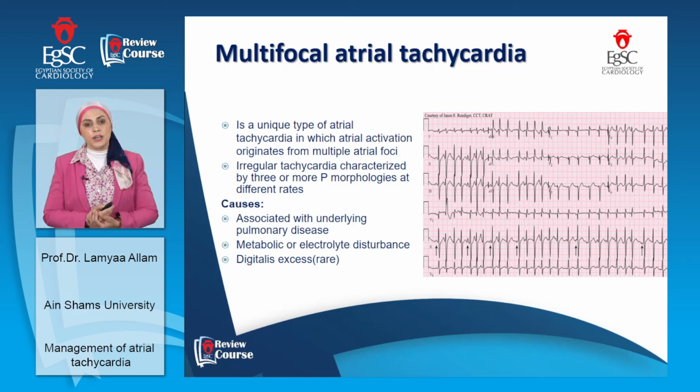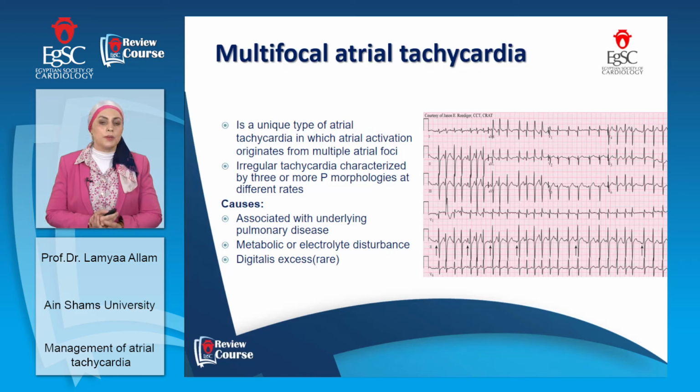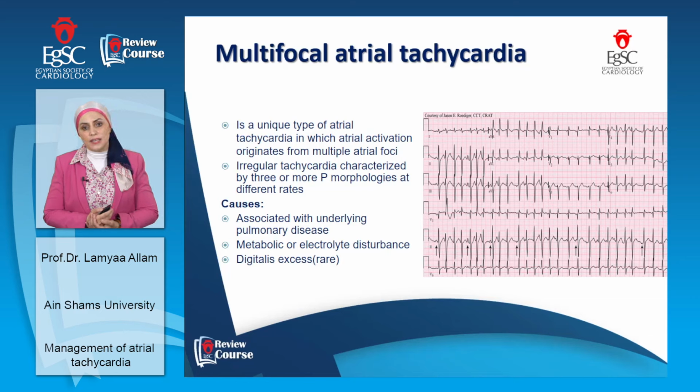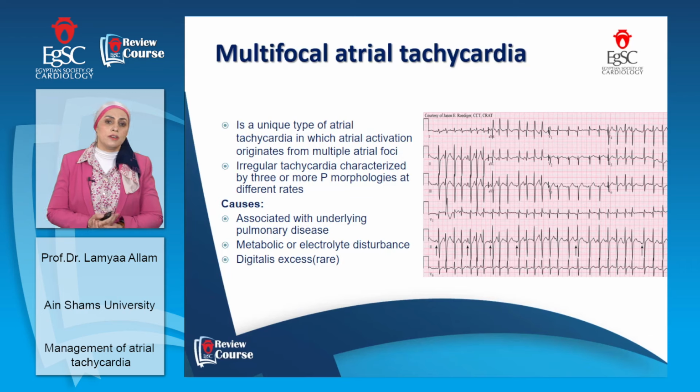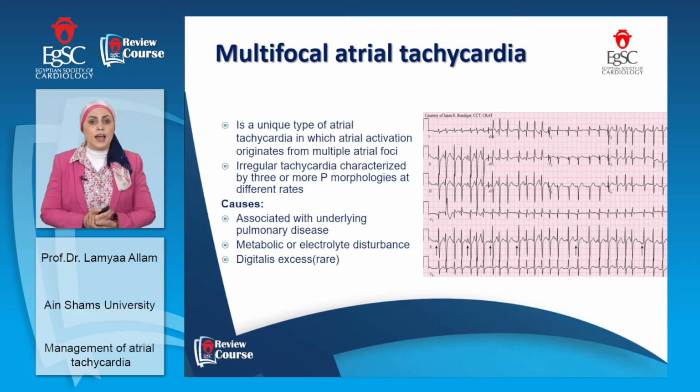But in atrial fibrillation, I cannot see discrete P waves or isoelectric segments between these waves. Why is it important to differentiate between them? Because in multifocal atrial tachycardia, I don't need to give the patient an oral anticoagulant, while in atrial fibrillation and atrial flutter, he should receive anticoagulation.